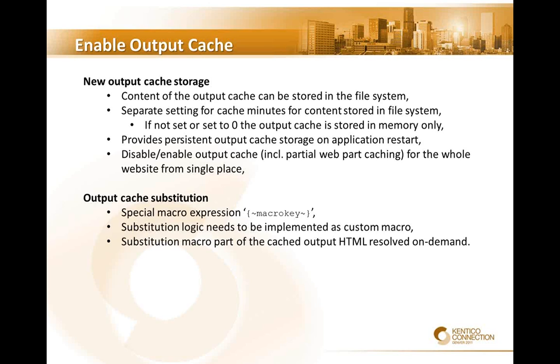In case you have a page with the current username somewhere at the top right, you don't need to give up on output cache just because that single little part needs to be dynamic, or bother with setting up partial caching for all the web parts on the template, like the current user web part.